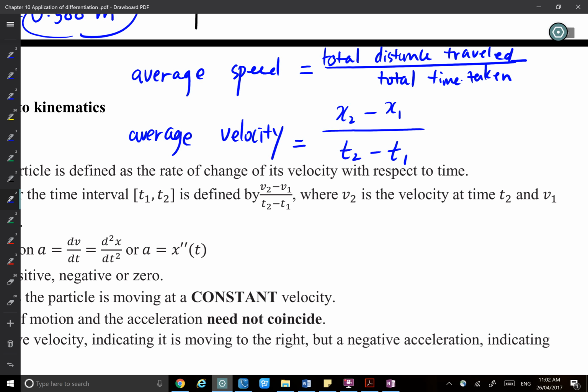So the displacement only sees the final position and the initial position. Say I have 0 here, that's the original point, and I start from this original point.